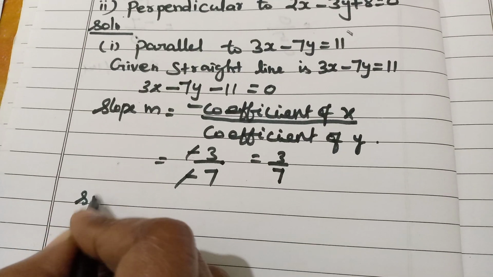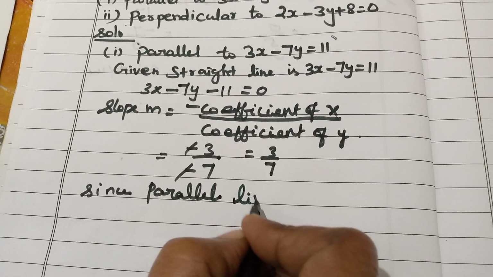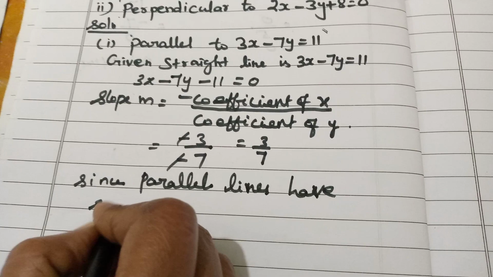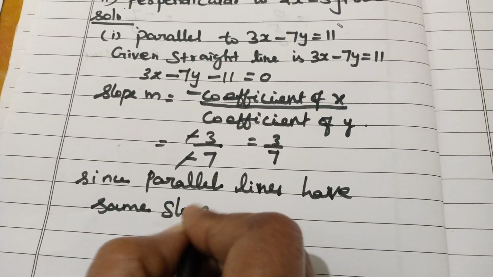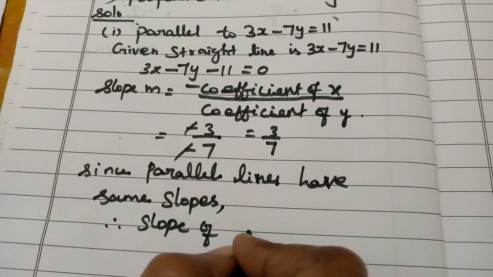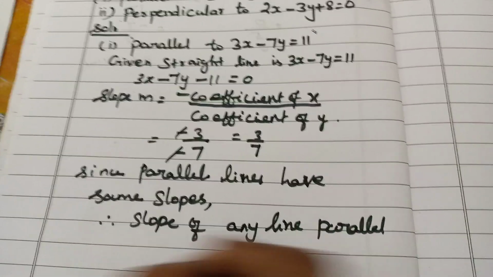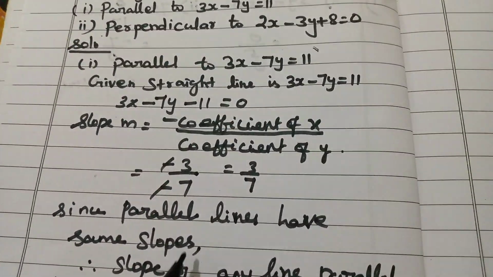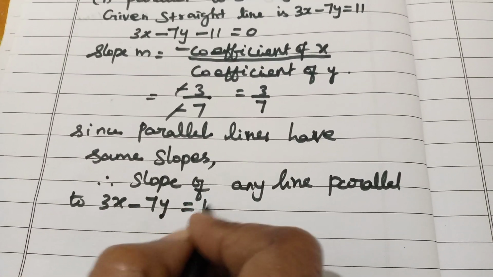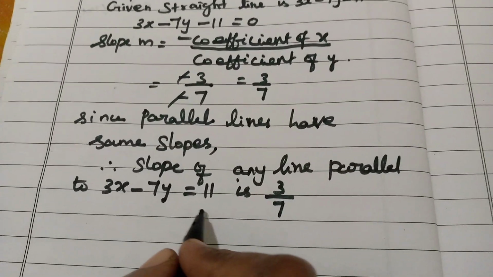We know since parallel lines have the same slopes, therefore the slope of any line parallel to the given line, what is the given line? 3x minus 7y equal to 11. It is the given equation. It is also 3 by 7. Understood, students?